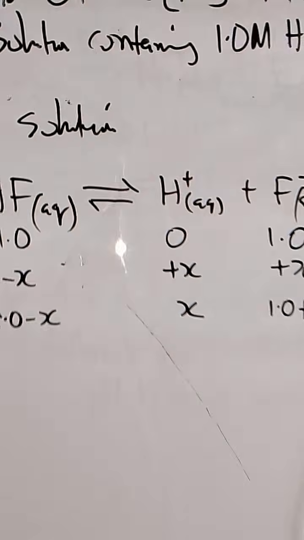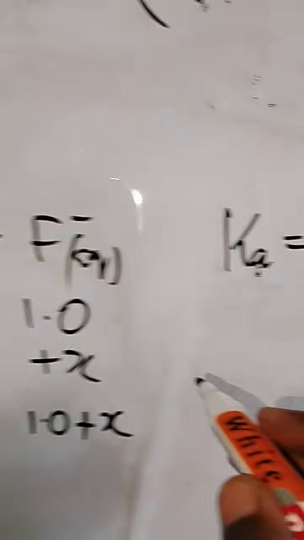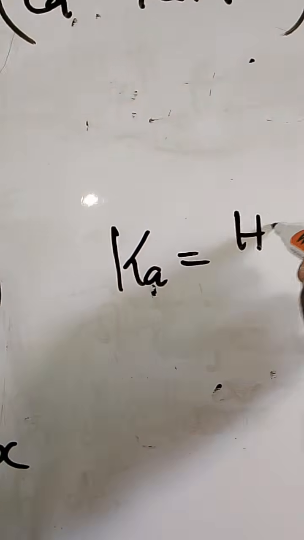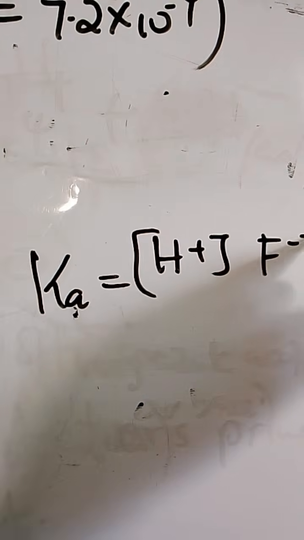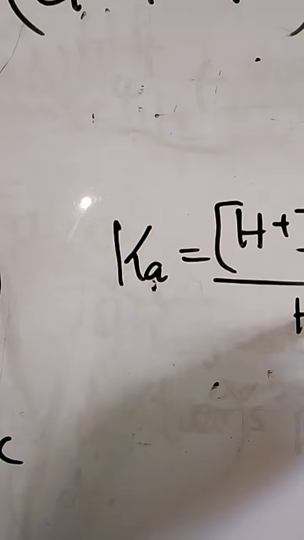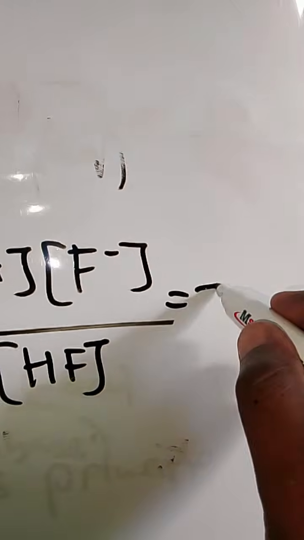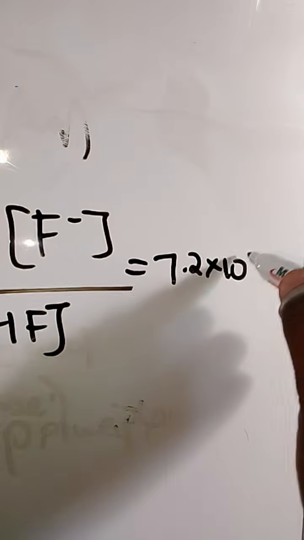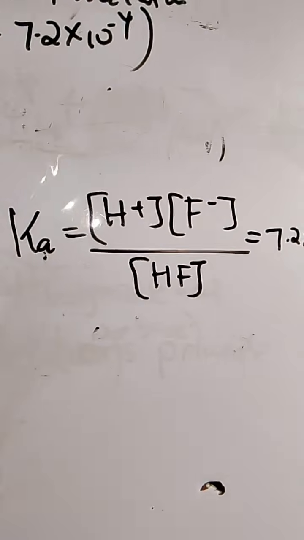Then now we write the Ka expression. Ka equals the concentration of hydrogen ion times the concentration of fluoride ion over the concentration of the acid, which is equal to 7.2 times 10 to the power negative 4. That is the Ka given.